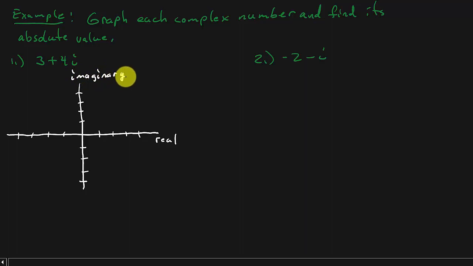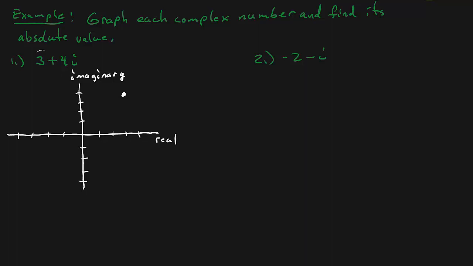So it's like plotting a point. 3 is the real part, so we go to the right 3. And 4 is the imaginary part, so we go up 4. That's where we plot the point.